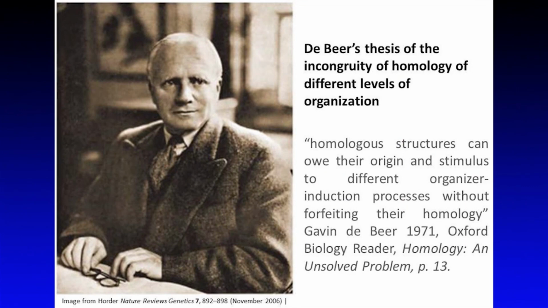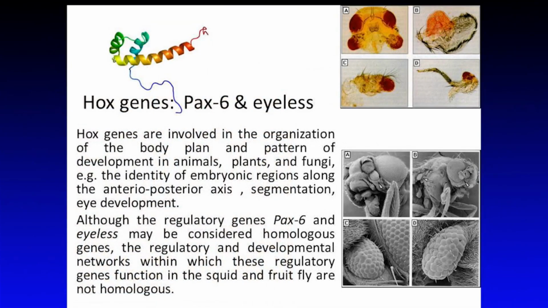Revealing the falsity of this assumption were de Beer's studies of the incongruities between the corresponding similarities of morphological traits and developmental patterns, and his studies on Drosophila, especially using what are called eyeless mutants.